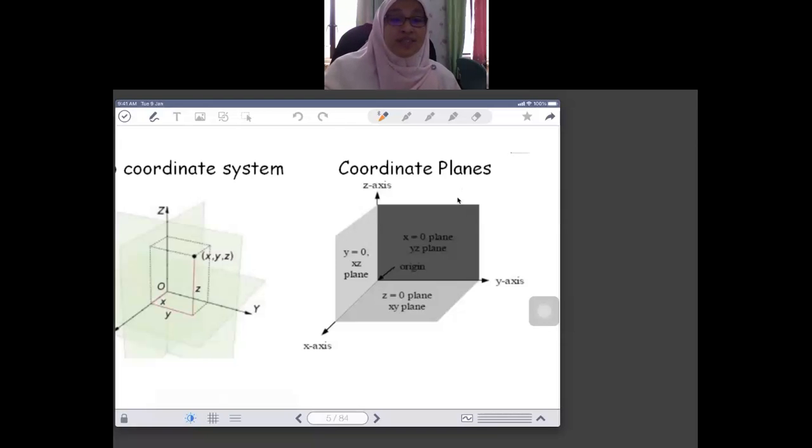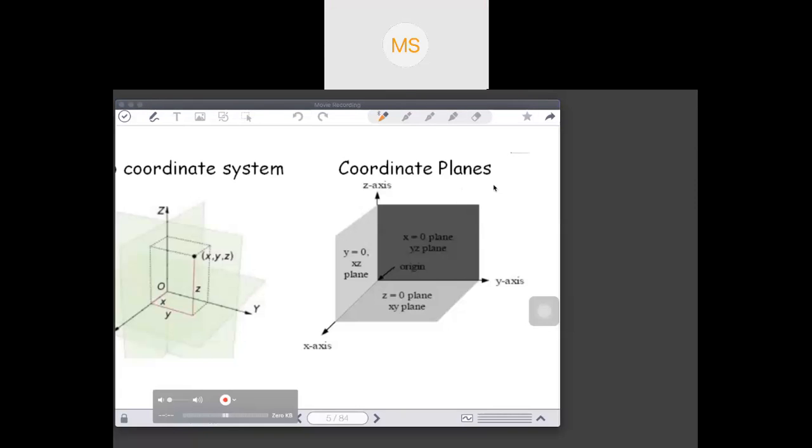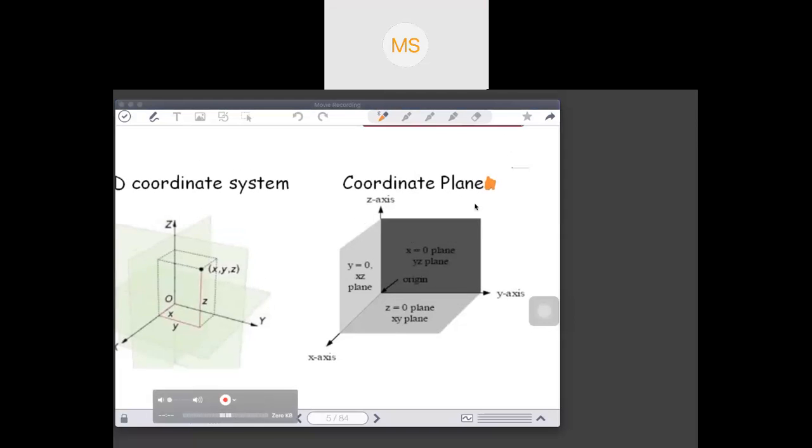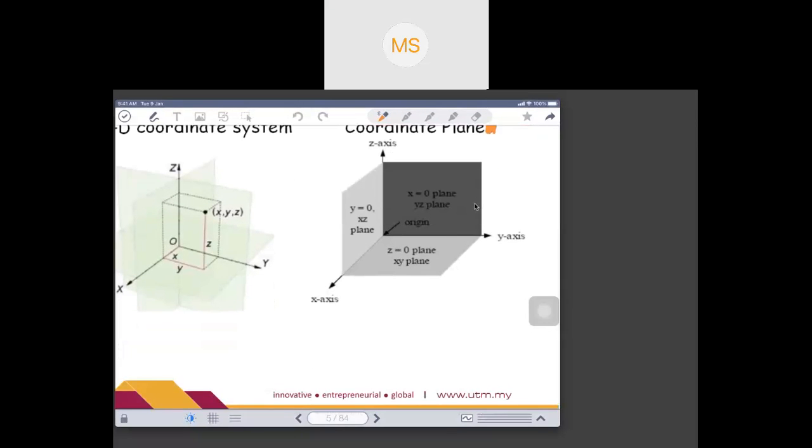Coordinate planes actually, if there is only one plane, because when I read the statement, they say only lying on xy. You don't mention zy, you don't mention zx. So the coordinate plane, if there is one plane, it is referring to only the xy plane.